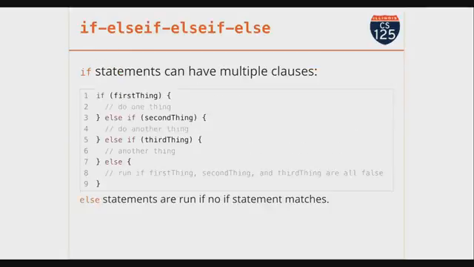I can build up if-else statements with multiple blocks. Again, these are evaluated from top to bottom, and we use a similar type of short-circuit logic that we use when we evaluated conditional expressions. I first evaluate the condition on line 1. If that's true, I execute the line of code in block 2, and I'm done.